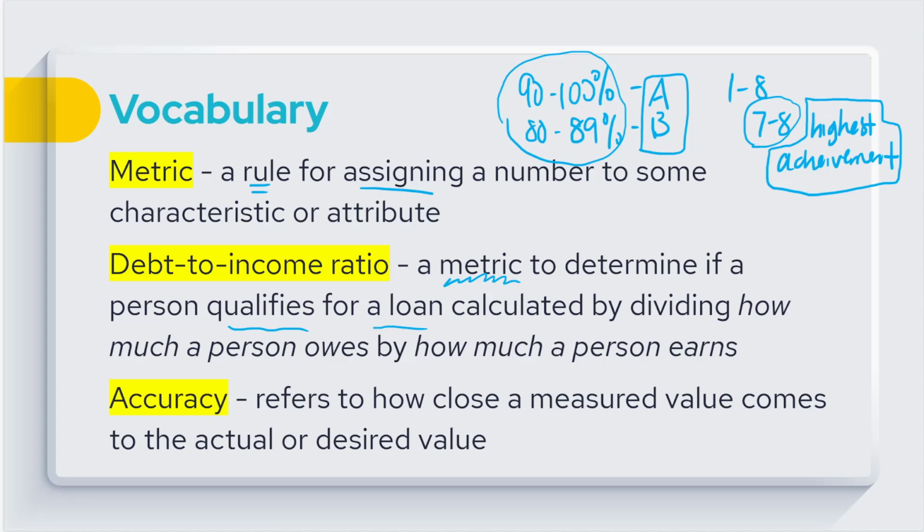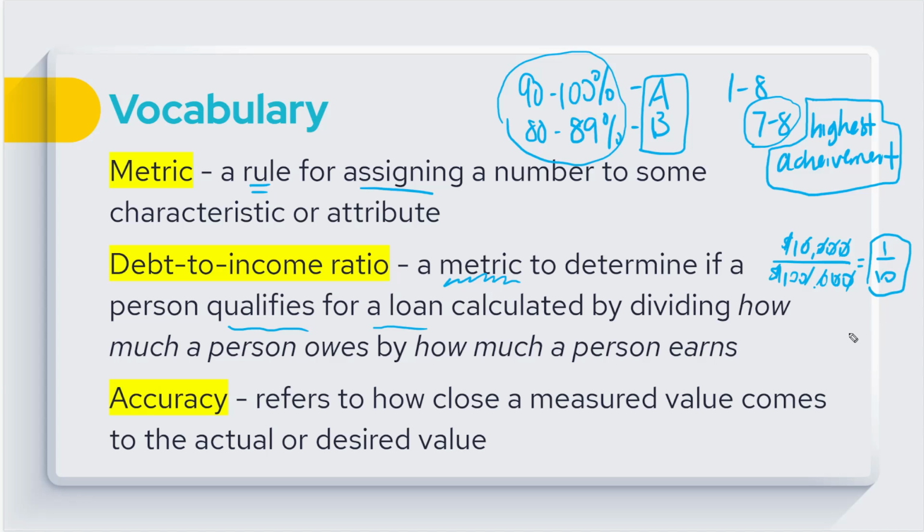So let's say I take out a loan for $1 million, and the bank wants me to pay back, some easy number, $10,000 a month. And let's say that I make $100,000 a month. Then this ratio would be 1/10.